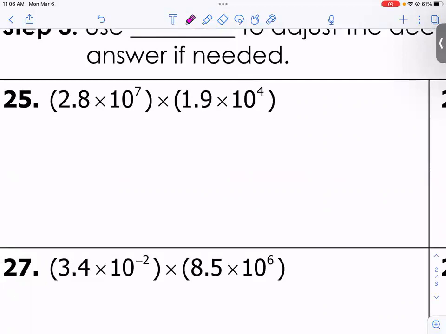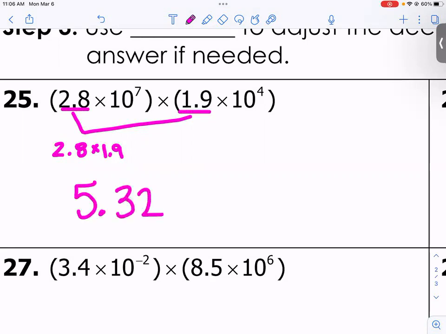Okay, so the first thing we're going to do is take 2.8 times 1.9. Can you do that for me? Take 2.8 times 1.9. We are taking these numbers right here. 5.32. Okay.